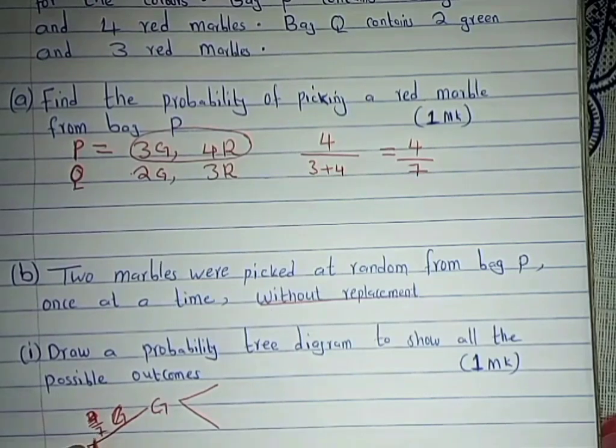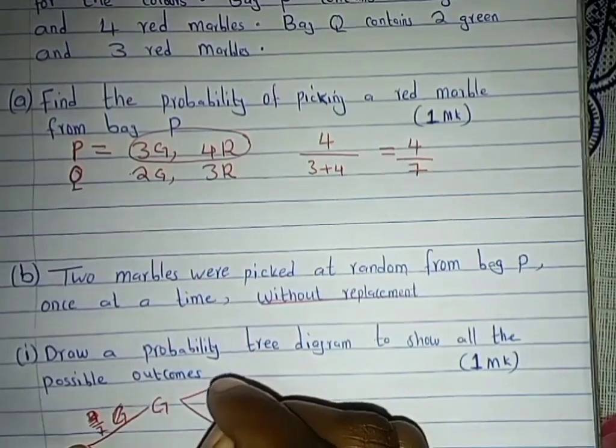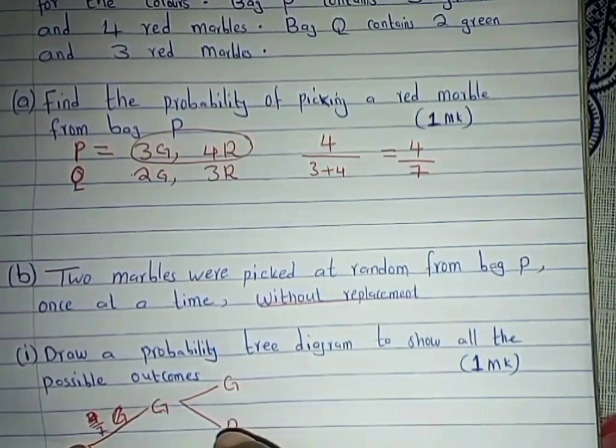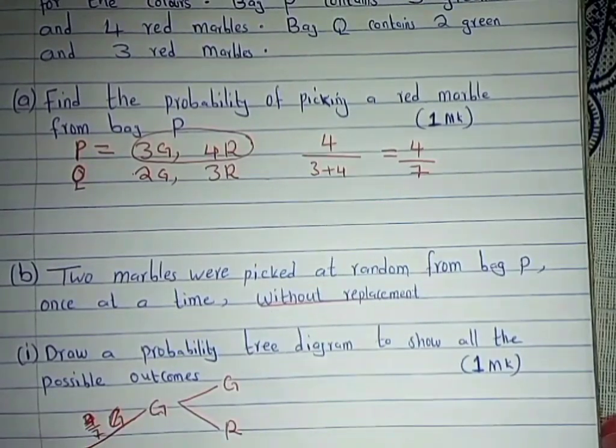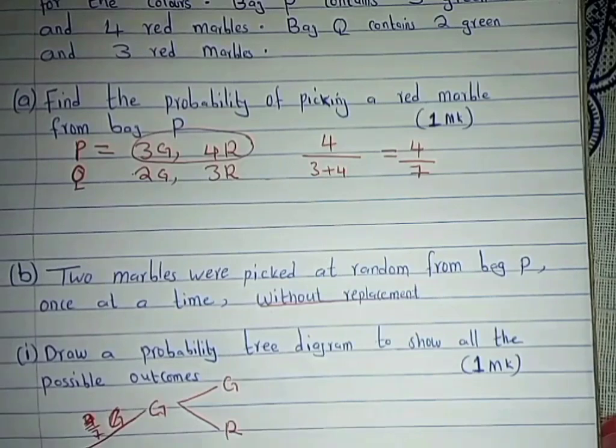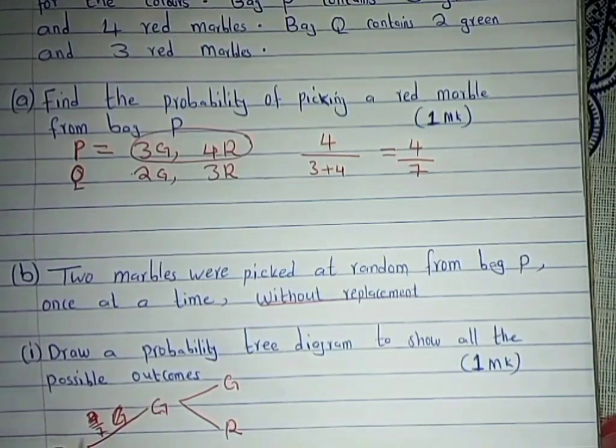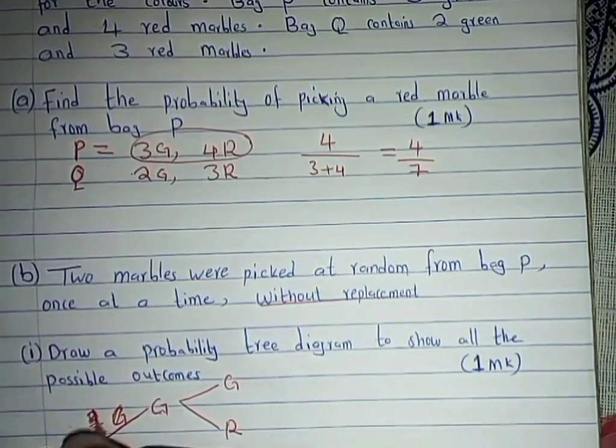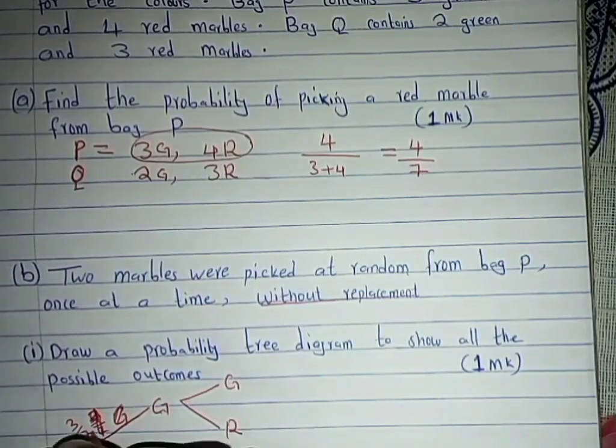You can pick a green and a green again, or a green and a red, or a red and a green, or a red and a red. So here, this is 3 out of 7.